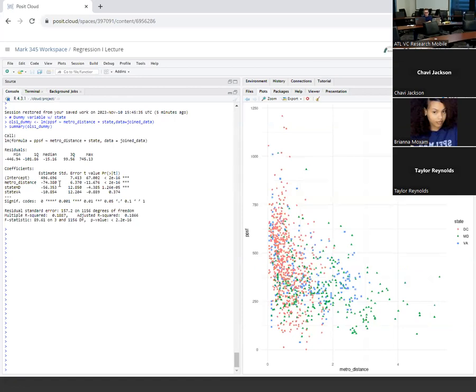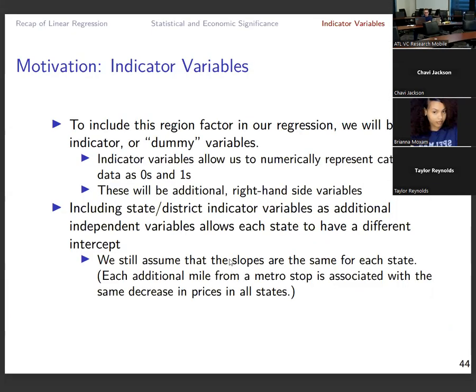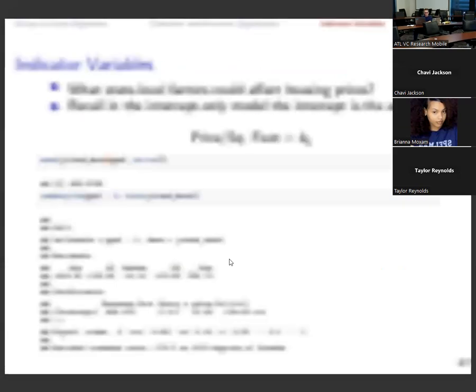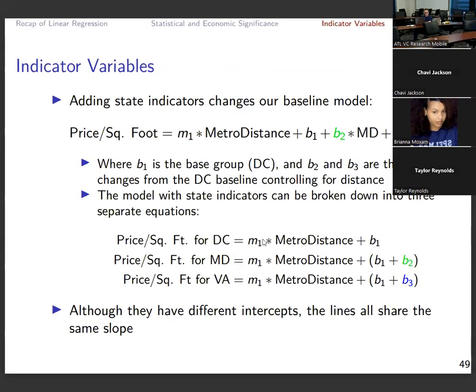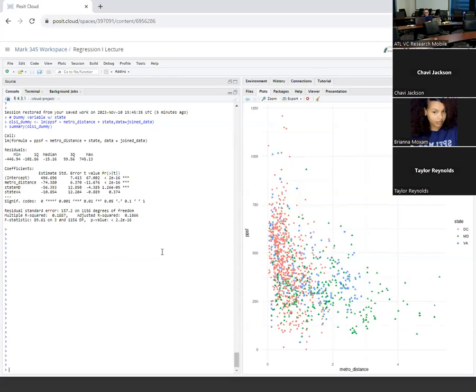So can you reject the null or can you not reject the null that the coefficient on Metro, this M1, is equal to 0? Reject or not reject?